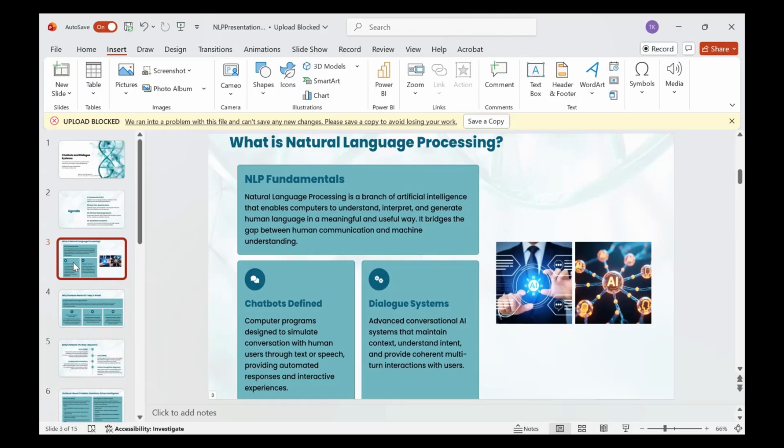They automate responses and create interactive communication experiences. Going a step further, dialogue systems are more advanced forms of chatbots. They maintain context, recognize user intent and engage in coherent multi-turn conversations. These systems represent a crucial milestone in human computer interaction as they follow continuous and contextually aware dialogue rather than isolated responses.